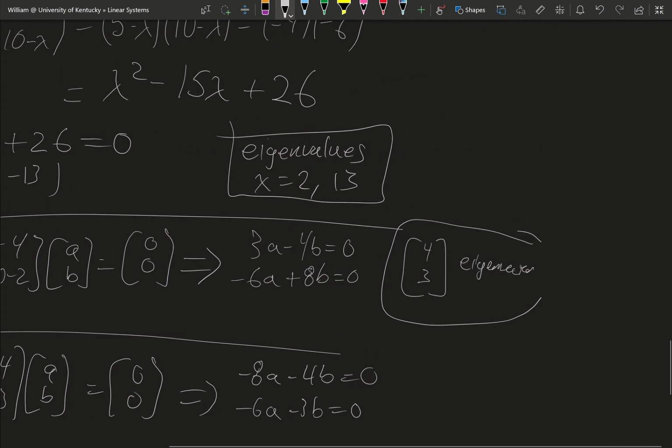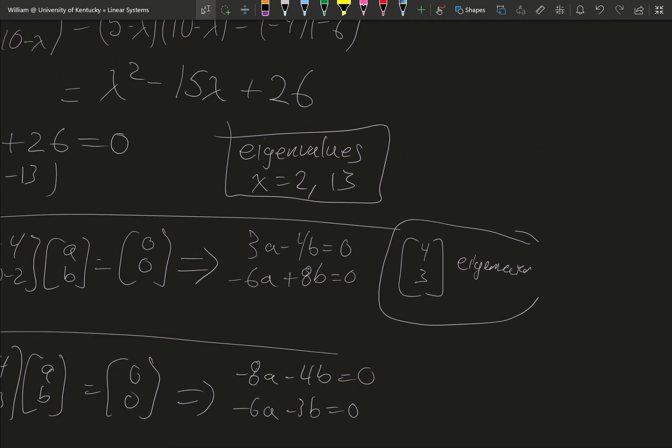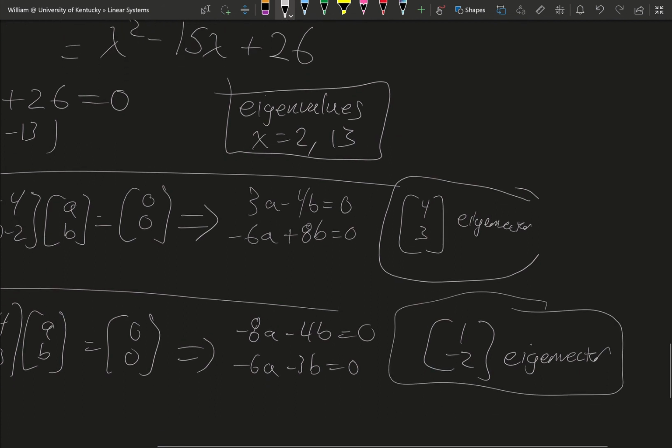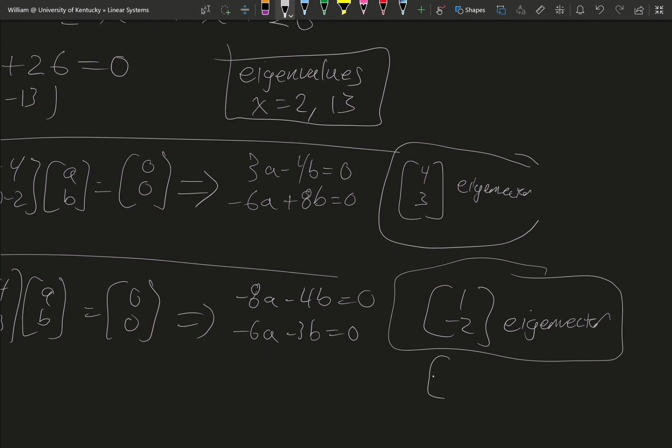And so we should be able to get our other eigenvector of (1, -2). Now again, these are non-unique, so I can always multiply by a scalar. So for instance, (-1, 2) is another eigenvector, (-2, 4) is another eigenvector, and so on. There are infinitely many. I can always multiply by a scalar, but that is what we need.